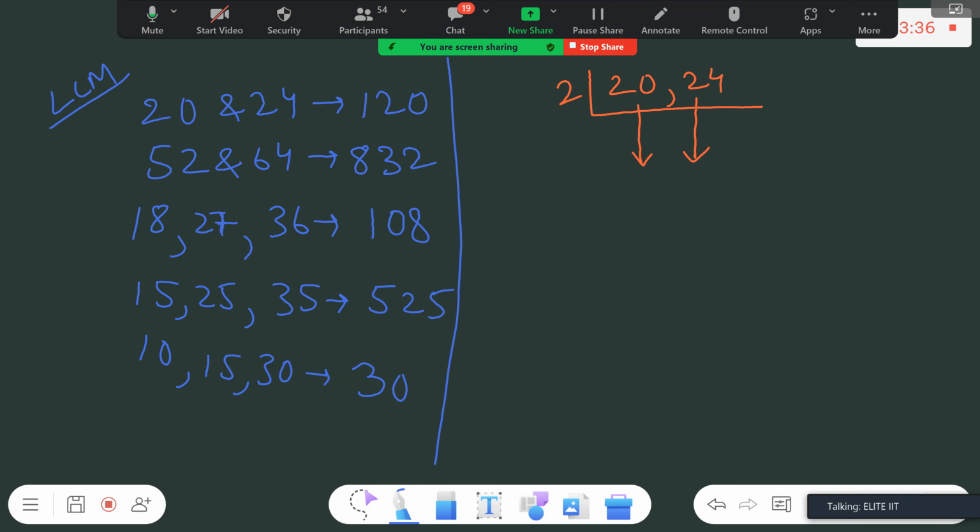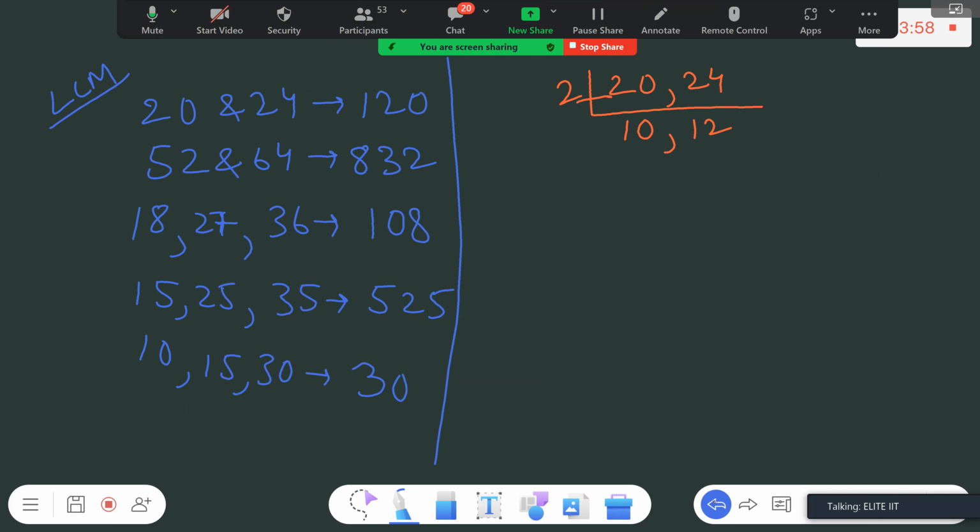Can we divide both of them by 2? Yes. If you divide, 2 tens are 20 and 2 twelves are 24. 20 divided by 2 is 10 and 24 divided by 2 is 12.